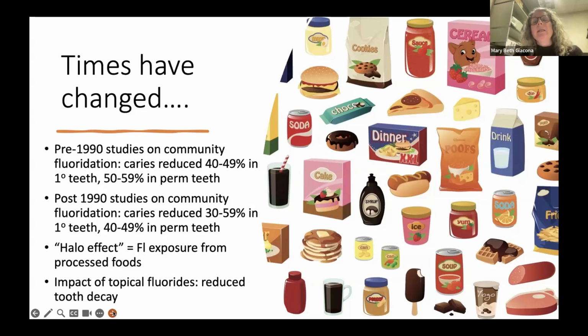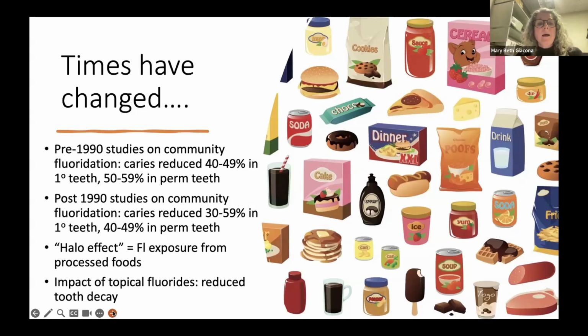So processed foods meaning fruit juices, breakfast cereals, granola bars, canned foods, even milk, foods that are processed and manufactured in plants that are being supplied by fluoridated water end up having fluoride incorporated into those food products, and then we eat them. So we're getting this halo effect from that manufacturing process in those areas with fluoridated water.